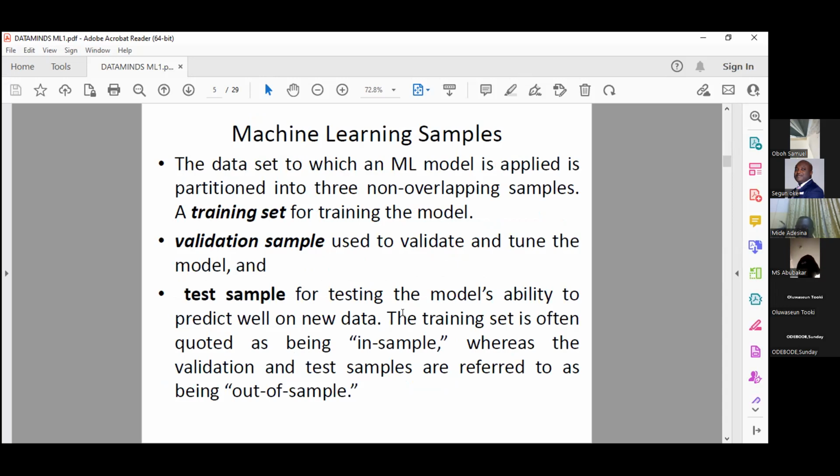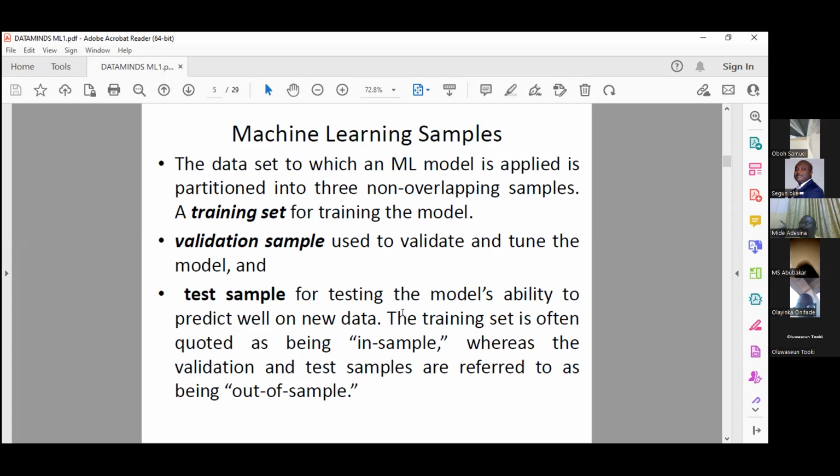After the model has been tuned appropriately with minimal error, we subject it to the test sample. That test sample assesses the model's ability to predict well on new data. That is, it helps to identify how the model will predict when fed with new data.